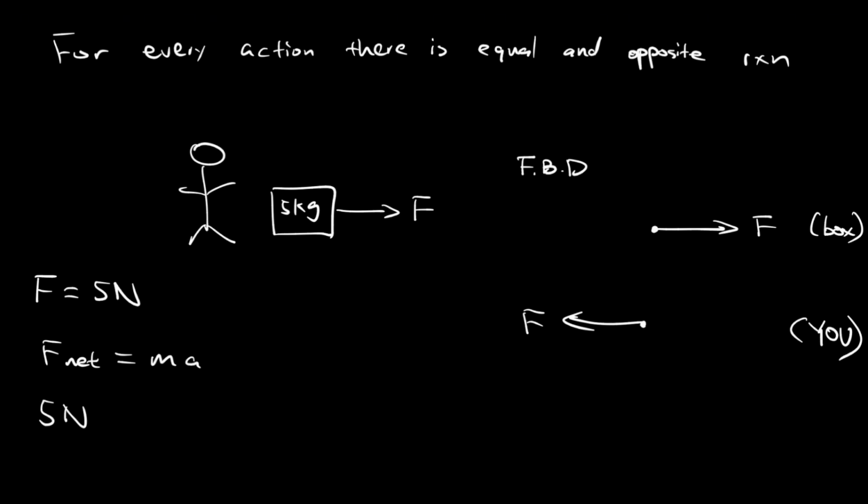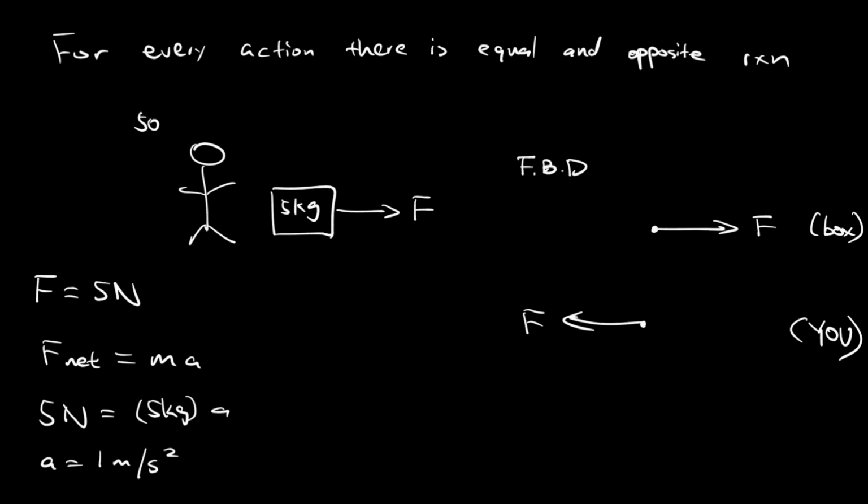Let's plug it in and see what happens. If the force is 5 newtons, this is the net force. Remember, we're ignoring friction here. This is the only force that's present on the box, and the mass of the box is 5 kilograms. So you calculate a, and a equals 1 meter per second squared.